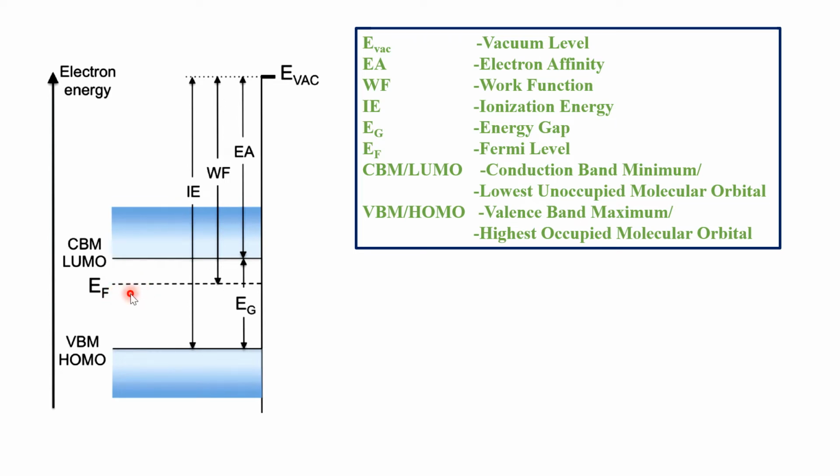Fermi level can be defined as the region in between the conduction band minimum and valence band maximum in which there is a 50% probability of finding an electron, and it will be located in between the valence band maximum and the conduction band minimum. And then we have something known as ionization energy, that is the energy difference between the valence band maximum and the vacuum level. And then we have something known as work function, that is between EF and vacuum level, then electron affinity.